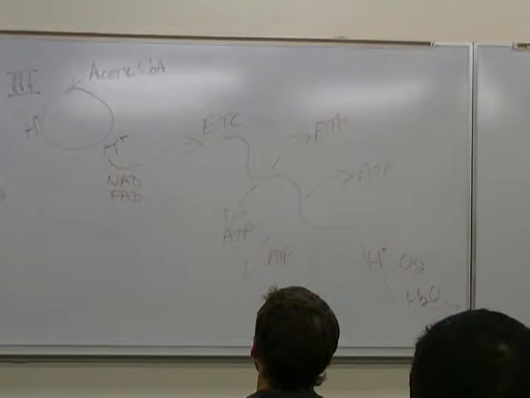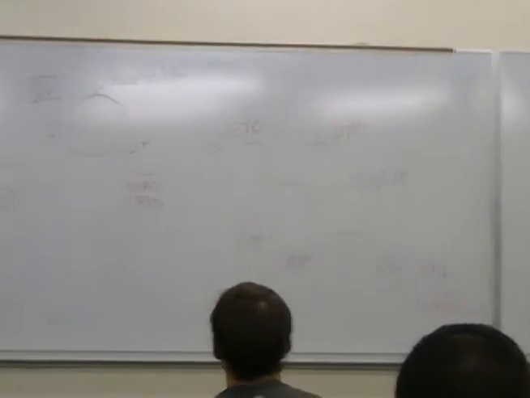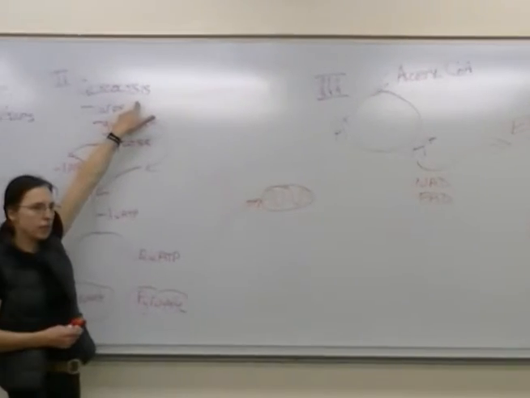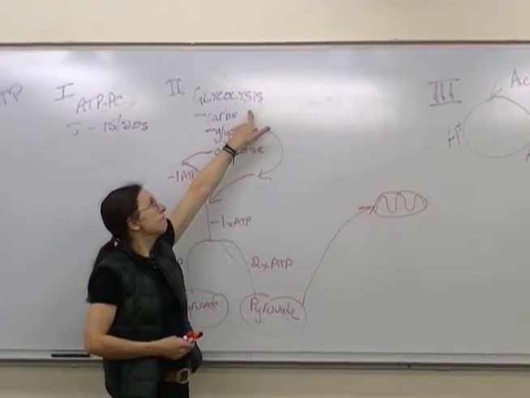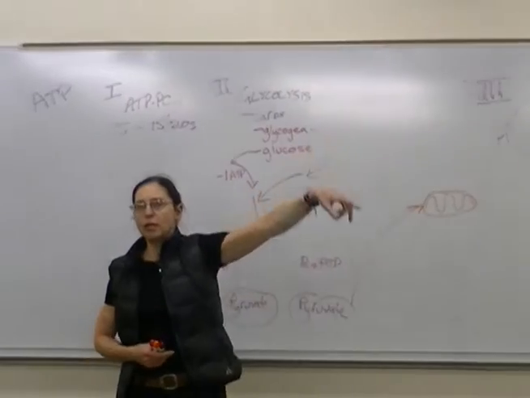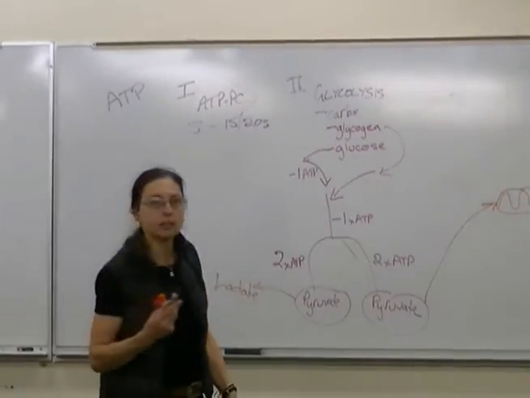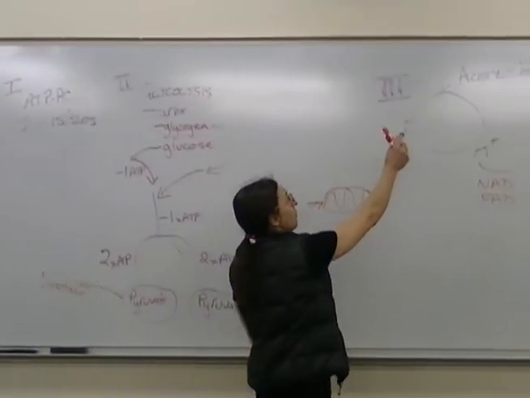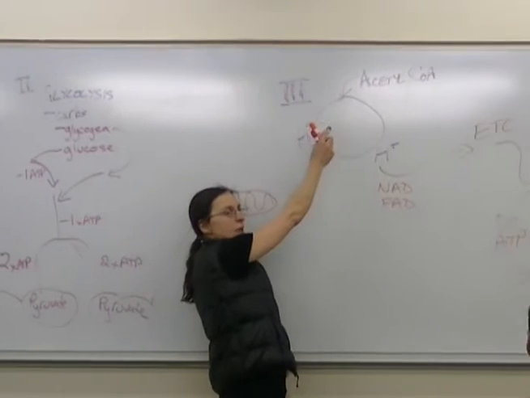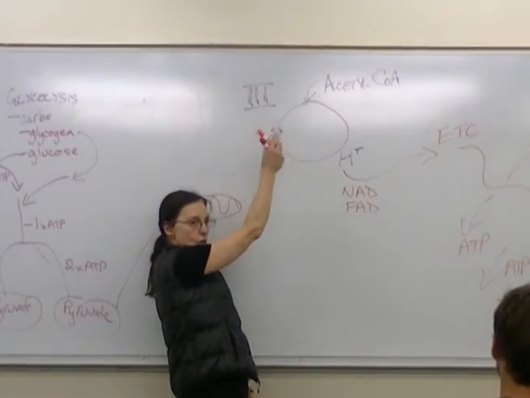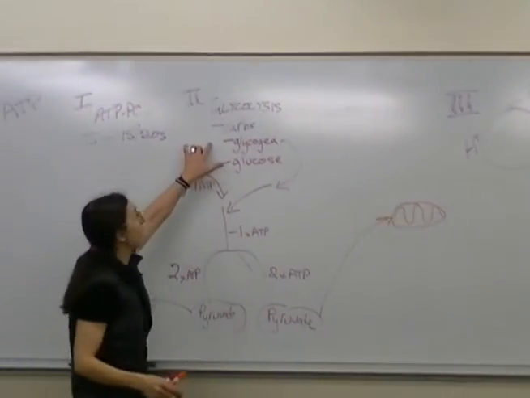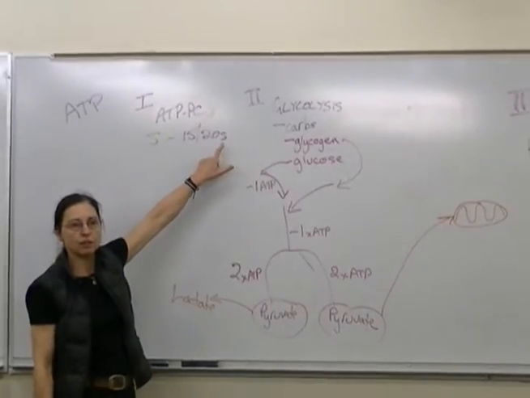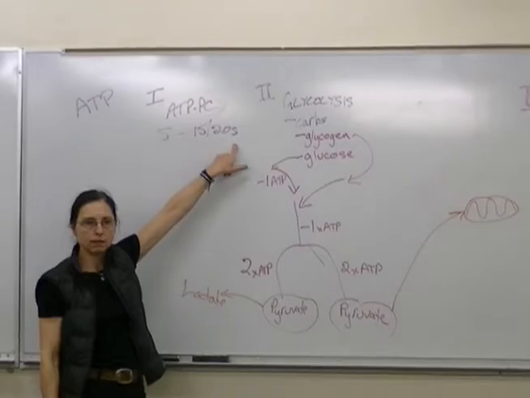Identifying this system, how long does this system go for? From about 30 seconds to 2 minutes. So by 3 minutes, if you're still moving, then you're switching to aerobic metabolism. But you're only using carbohydrate at that point, because how long does it take to switch to fats? 20 minutes.